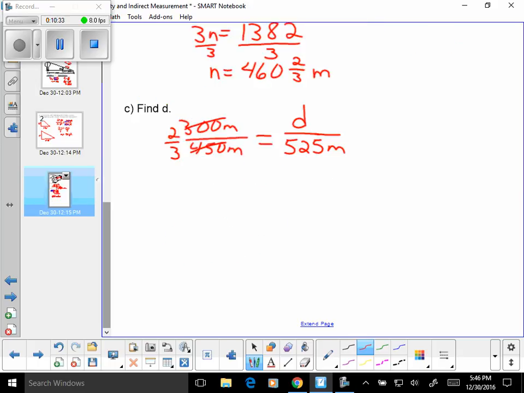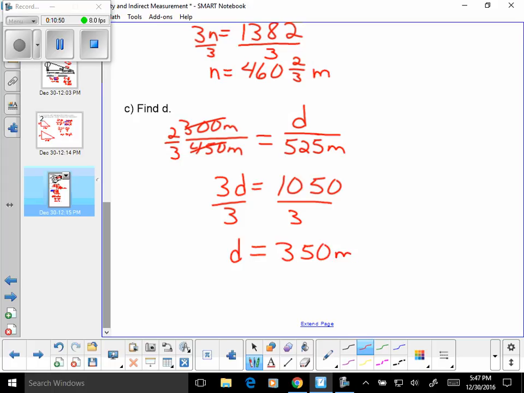It's another good thing about using the same ratio because you can just reduce it all the time. 3D is going to be 1050, and I'll divide both sides by 3. And D will come out evenly to be 350 meters. And that concludes lesson 5-8, lesson 1, Scouting Out.